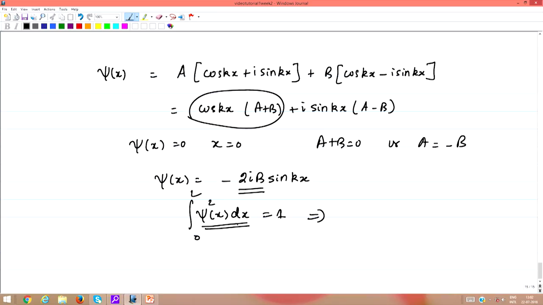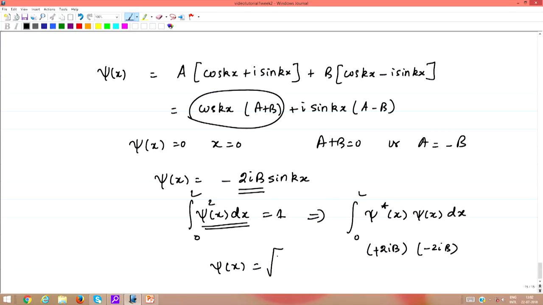is true for the real functions, whereas the normalization integral in general for complex function is psi star of x psi of x dx between 0 to L. Therefore, if we have the wave function psi of x is minus 2 I b, then psi star will be plus 2 I b and the psi will be minus 2 I b, and then the rest of it will be sine square k x, and you will see that the complex number goes away and b will be such that this whole thing will give you exactly the same result, namely root 2 by L sine k x.